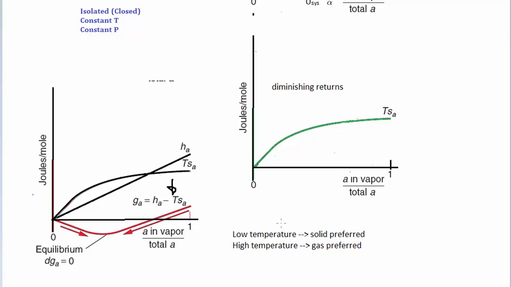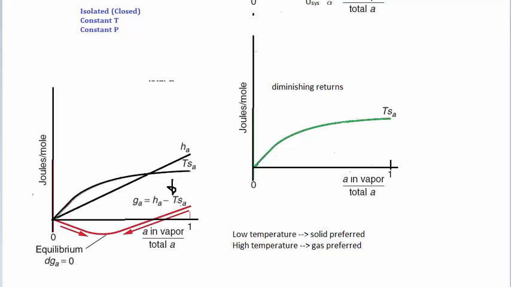Likewise, if you're at a high temperature, and remember you're trying to minimize your Gibbs energy, it means that your entropy term over here is much more important. It means that your entropy term is perhaps even more important than your enthalpy term. So you want to try and maximize your entropy.